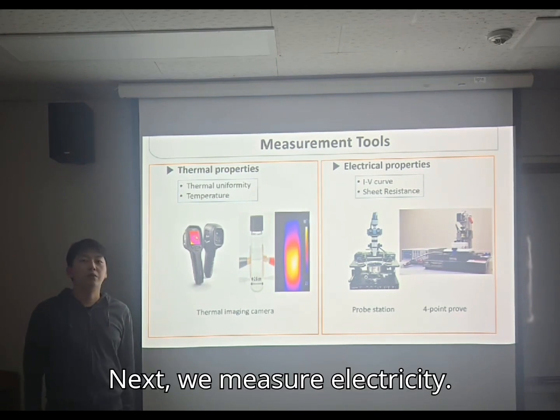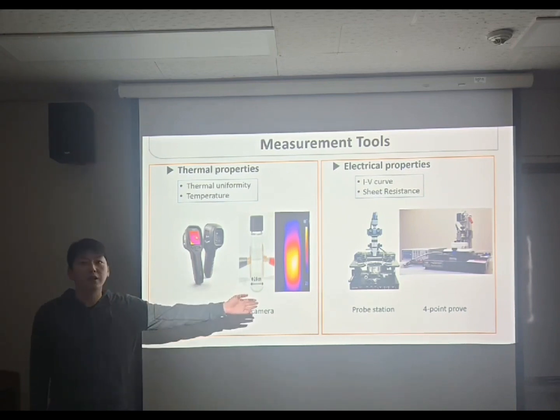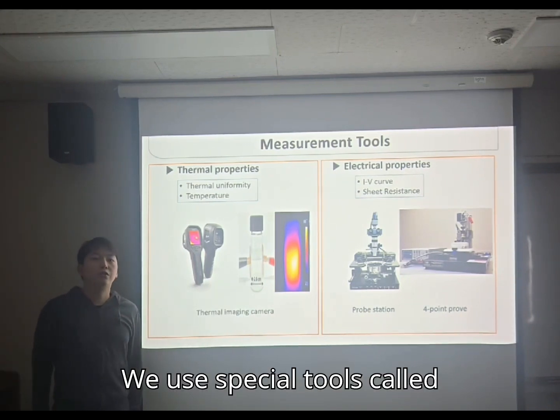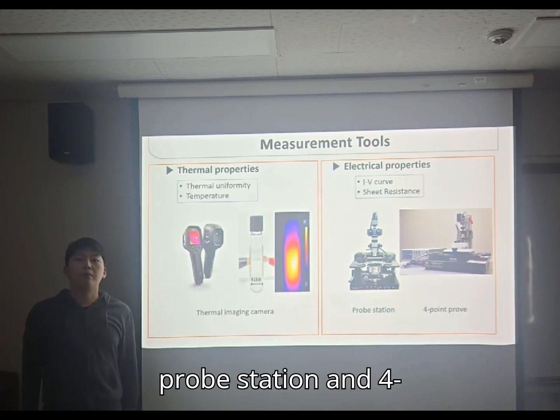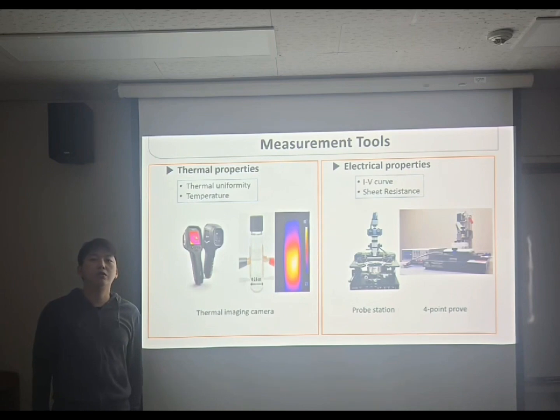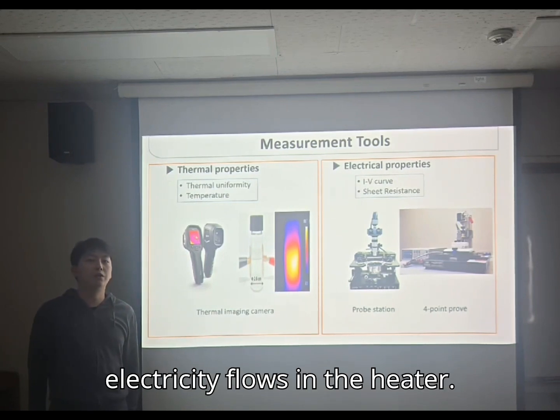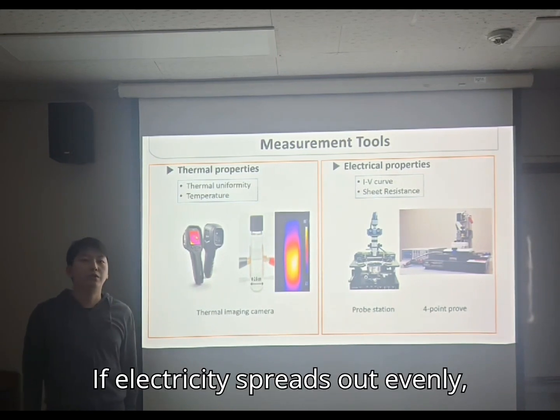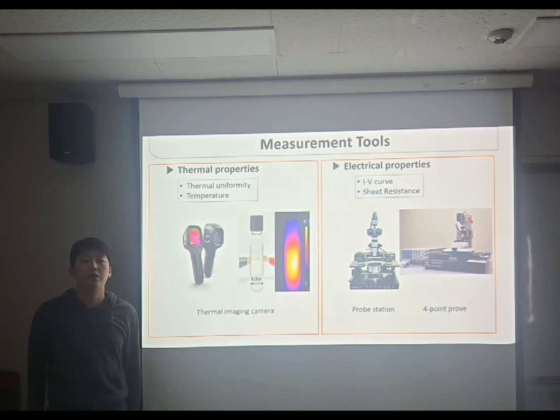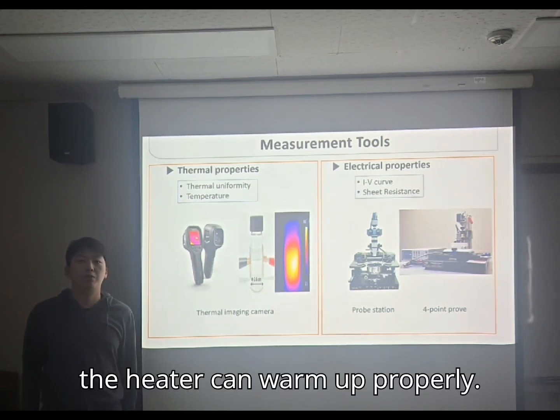Next, we measure electricity. We use special tools called a probe station and a 4-point probe to see how electricity flows in the heater. If electricity is spread out evenly, the heater can warm up properly.